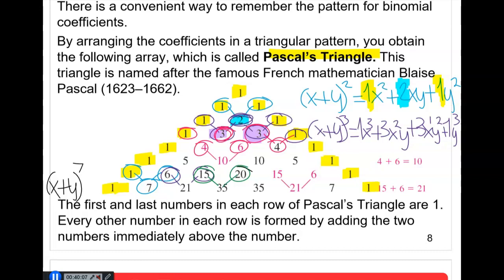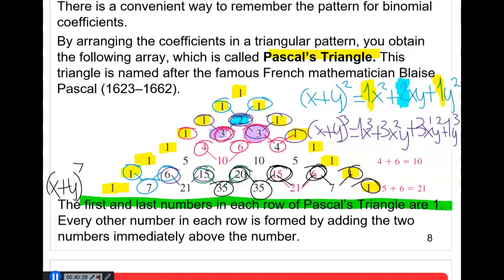And then 20 plus 15 gives you 35 again, so symmetrical. And 15 plus 6, we get 21. 6 plus 1, we get 7. And then remember, the last element for that row will always be 1. So the first and the last numbers in each row are always equal to 1.